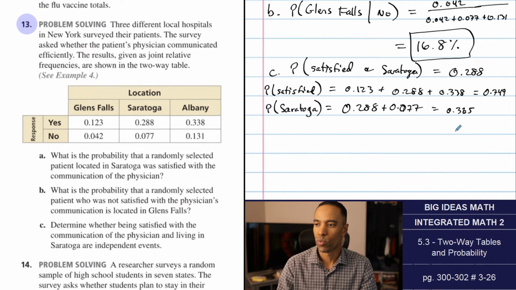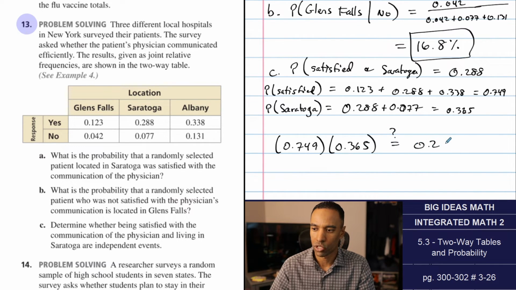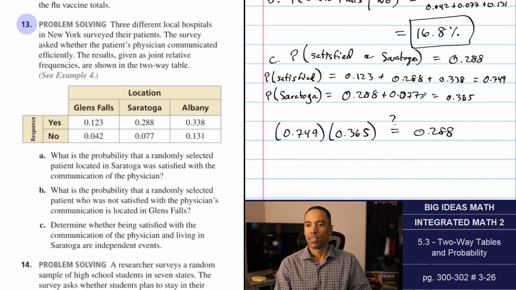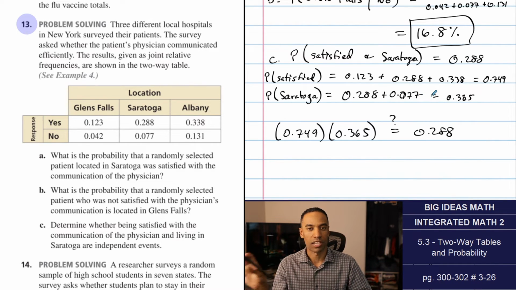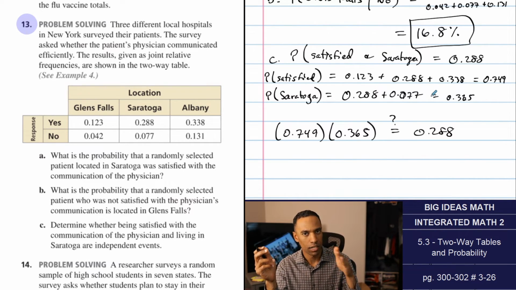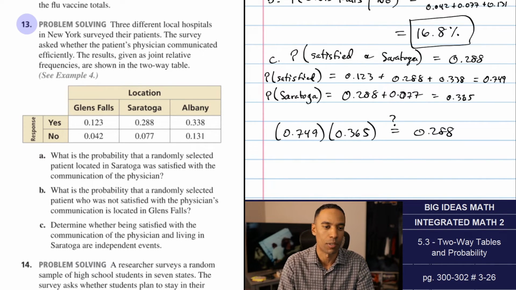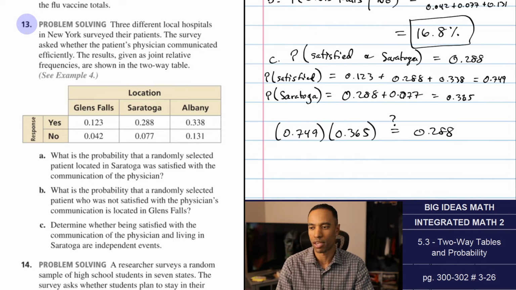We want to see, does 0.749 times 0.365 equal 0.288? That the probability of being a satisfied person who lives in Saratoga is the same as taking those two events, probability of someone who's satisfied and probability of someone who lives in Saratoga. Those are two different questions, or are they? That's the question. So let's do 0.749 times 0.365, and I'm getting 0.273.